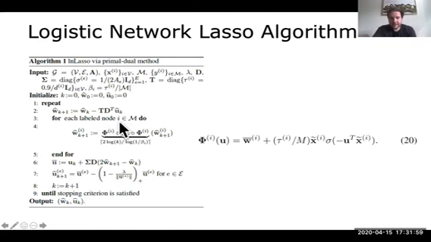What is nice about this algorithm is that it can be implemented as a message passing algorithm. It turns out that all the updates in this algorithm amount to local computations, where each node has to update its state based only on the states of the neighboring nodes. So this algorithm can be implemented as highly scalable message passing over the data network.